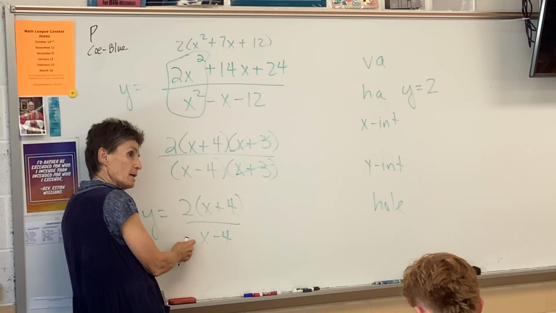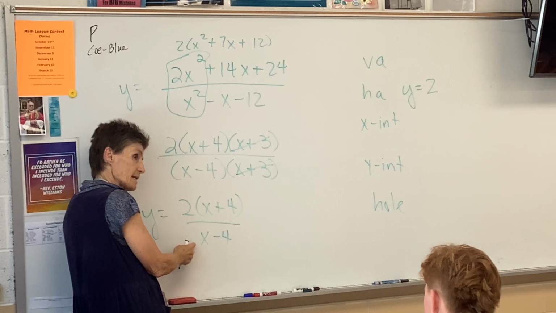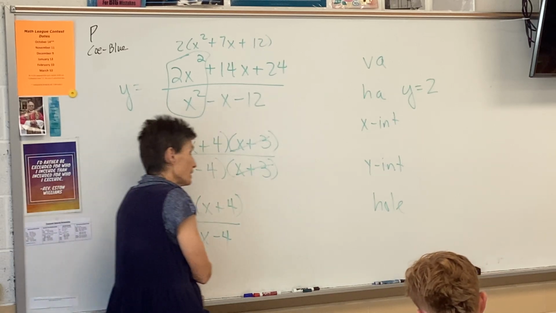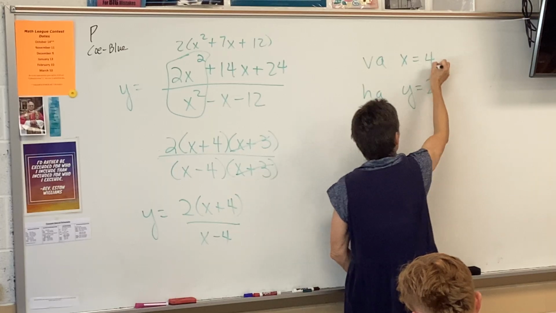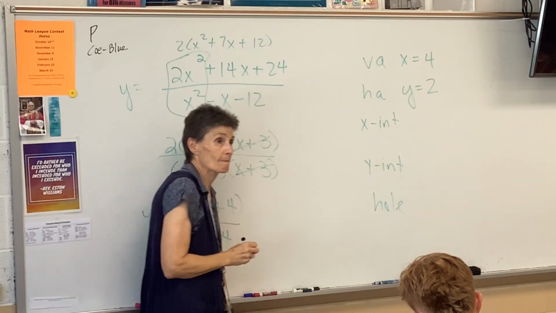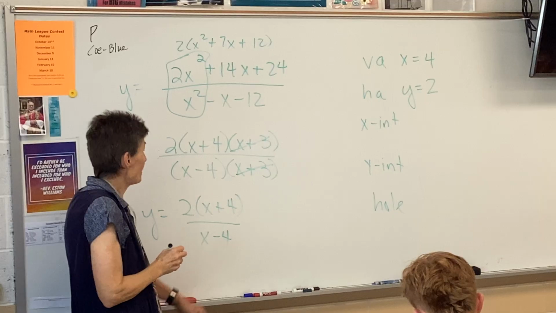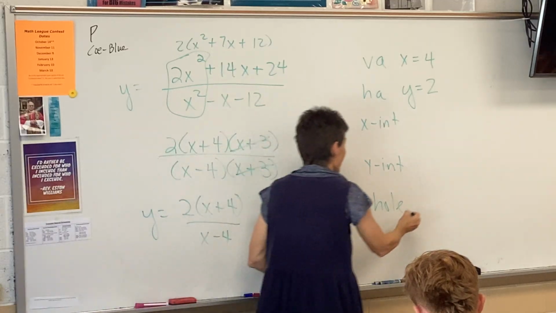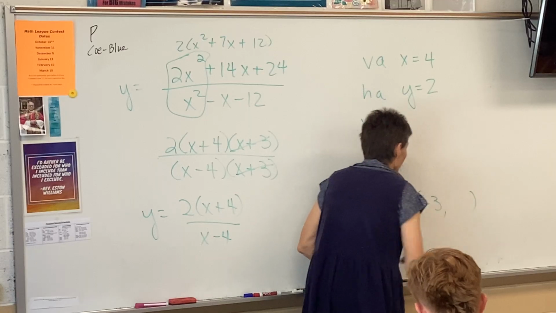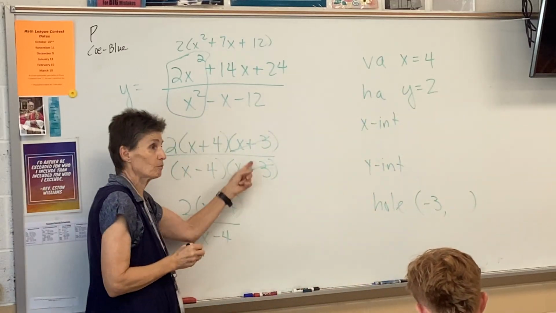See that denominator right there? What does that tell me? Vertical is x equals 4. And then this right here tells me that I'm going to have a hole where x is -3.